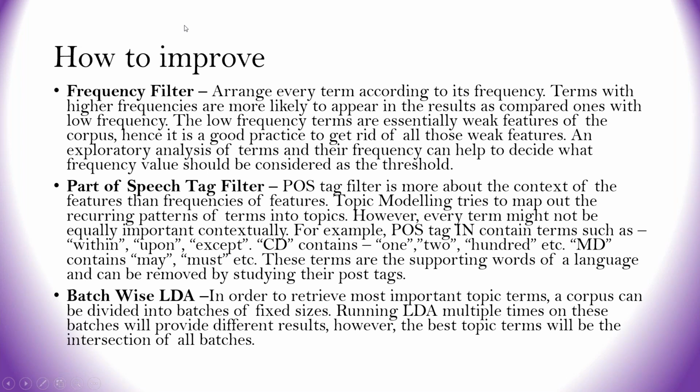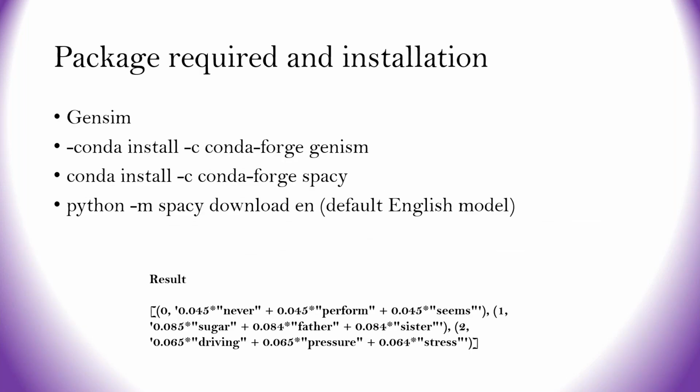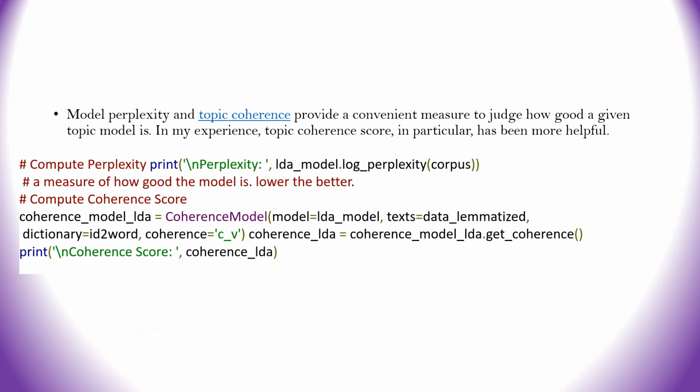And I found one more interesting thing, how to measure the performance of an LDA model. For that, I found two measures: perplexity and topic coherence. These two are convenient measures to judge how good a given topic model is.